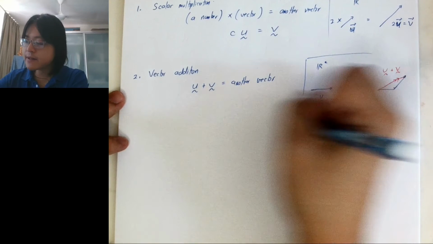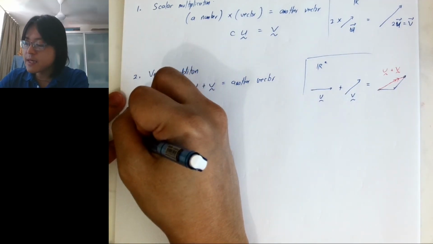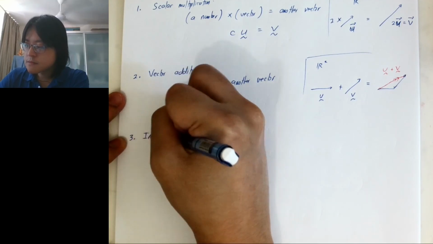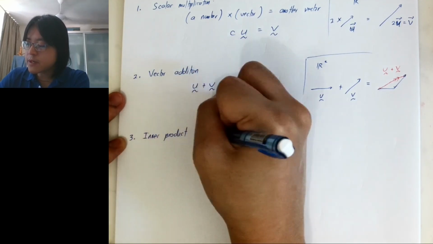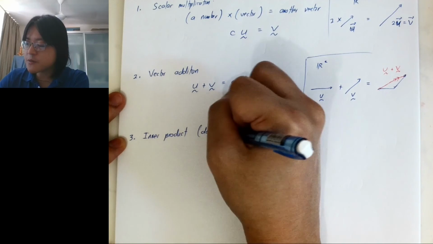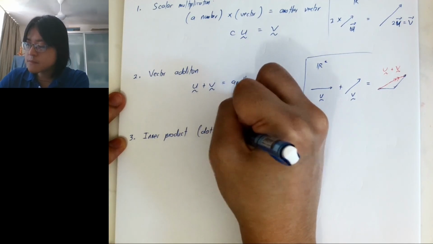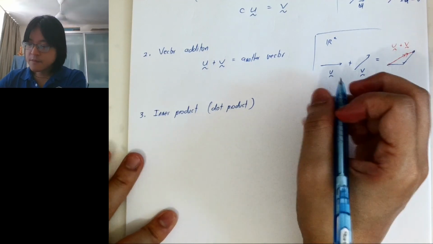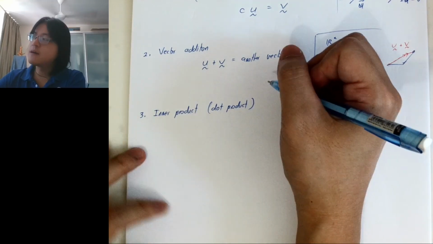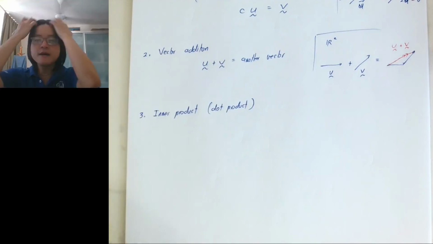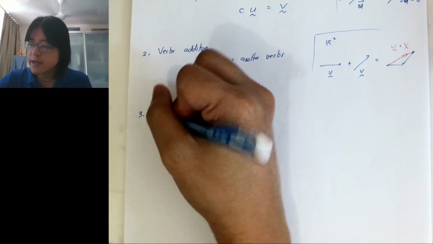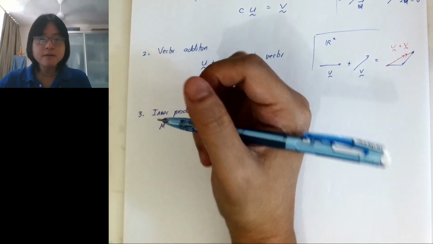And then another thing that is important is the inner product. In R2 we called it the dot product last time, right? I'll talk about duals later, but if I have one vector, I can multiply it with another vector to get a number rather than a vector.